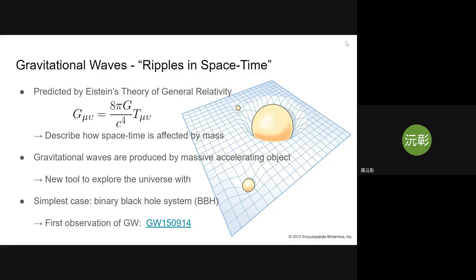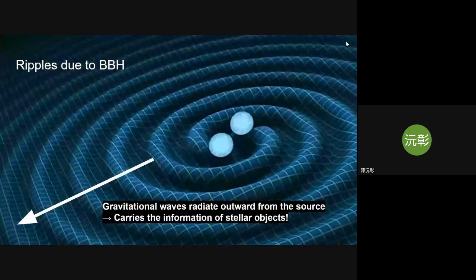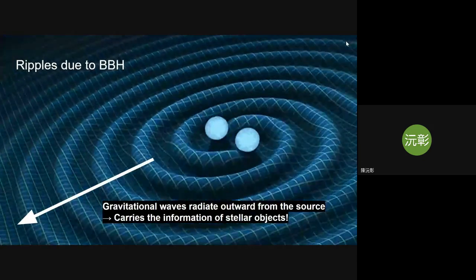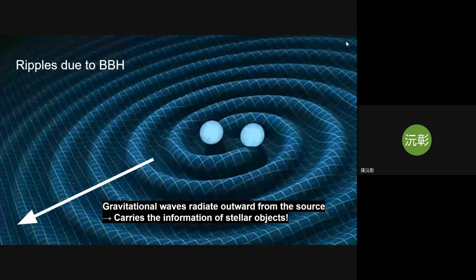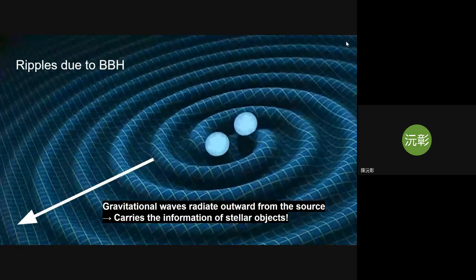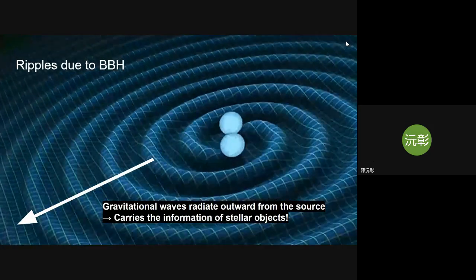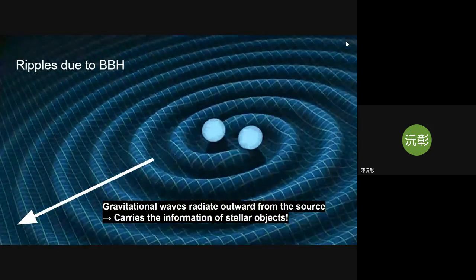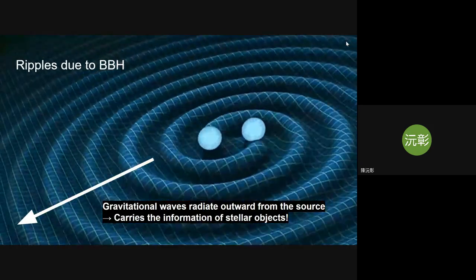A binary black hole is one simple case, and the first direct gravitational wave signal ever recorded is the BBH signal GW150914. This graph shows how gravitational waves are generated by a BBH. It carries information about the stellar objects, so the observation of gravitational waves provides a further means of making astrophysical observations.